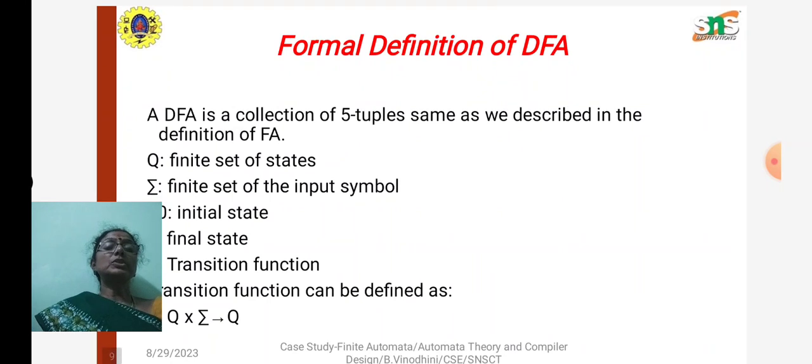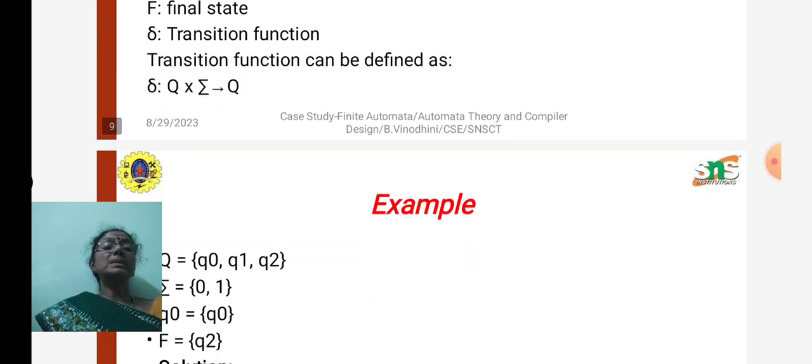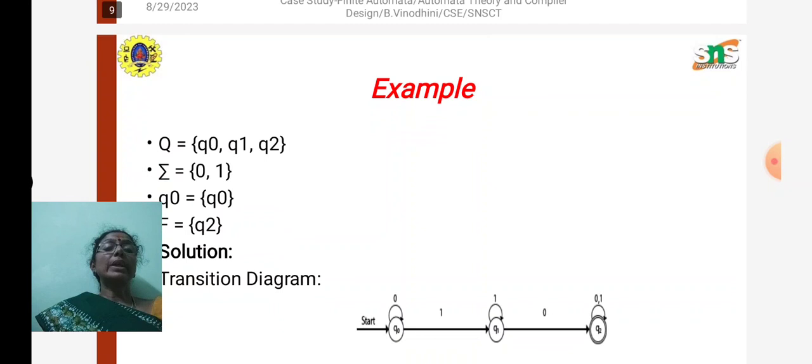The transition function takes a state and an input symbol and moves to some other state. For example, this diagram is a finite automata. For every input symbol there is one transition that goes to only a single state.